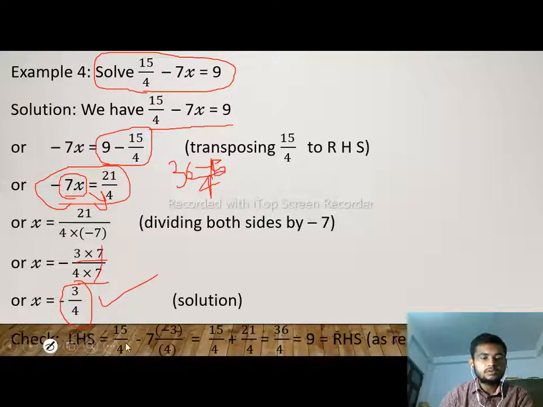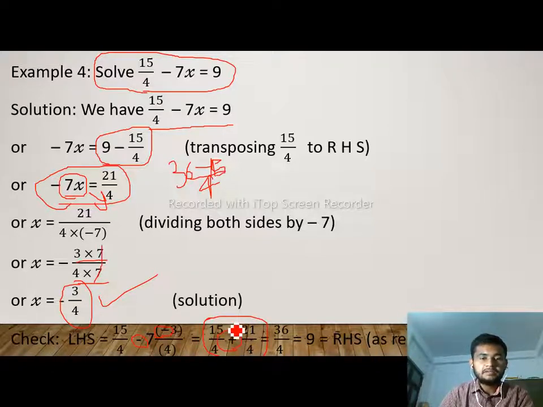LHS equals 15 by 4 minus 7x, and we get x as minus 3 by 4. After multiplying 7 with 3, it gets 21 by 4. 15 by 4 plus 21 by 4, as this minus sign and this minus sign after getting multiplied become a positive sign.